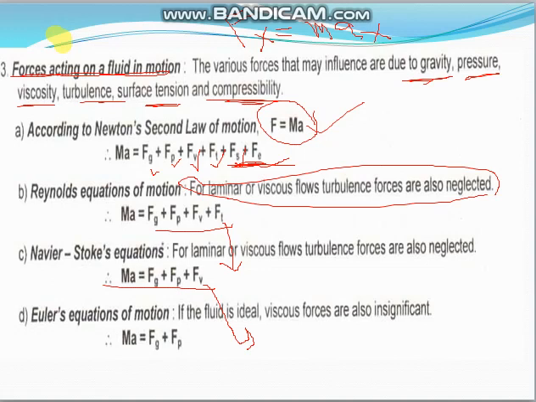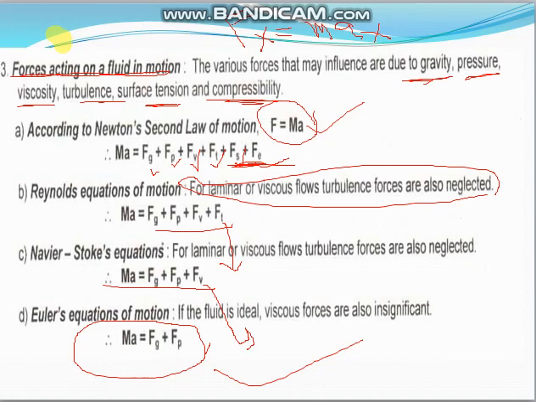So finally the Euler's equation of motion is given as the sum of the gravity forces and pressure forces. This is a very important thing here. According to Newton's second law of motion, the net force acting will be equal to the gravity, pressure, viscous, turbulence, surface tension and compressible forces.